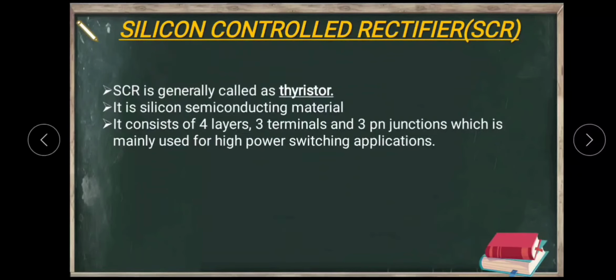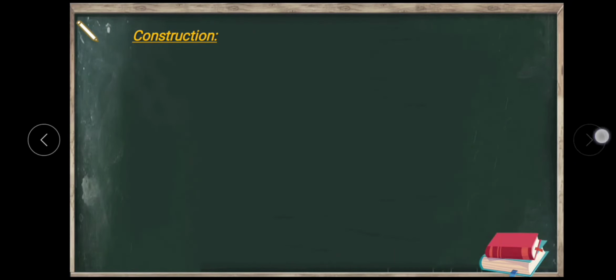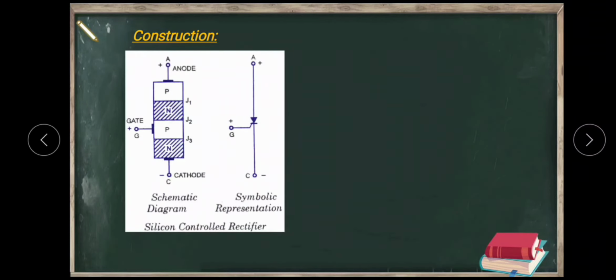It contains 4 layers, 3 PN junctions, that is J1, J2 and J3, and 3 terminals, anode, cathode, gate. Anode is represented by A, cathode by K or C, and gate by G. The circuit symbol of SCR is shown in the diagram.